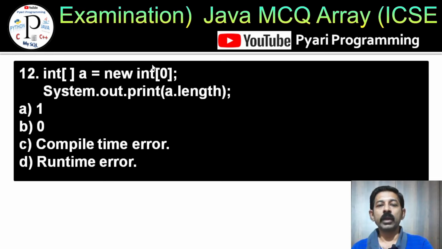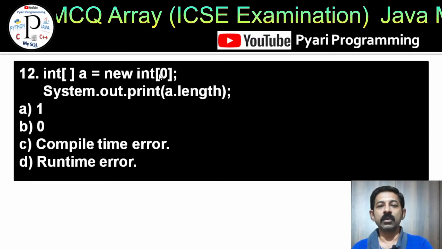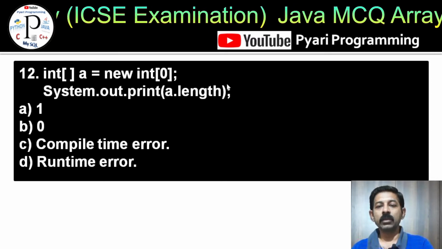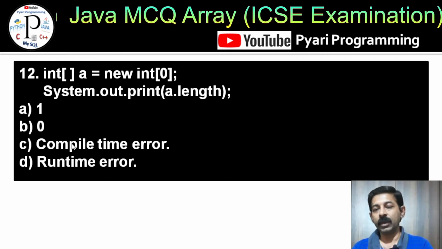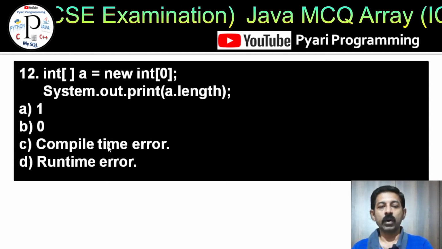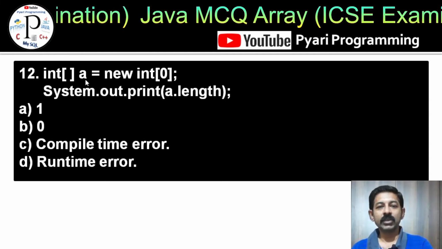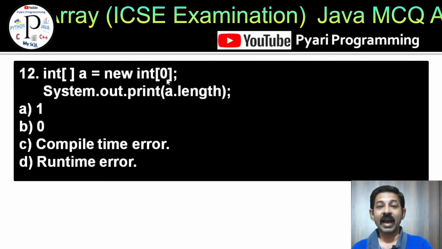The array is going to be created of type integer, so data type int is there and the size is given over here. A.length, we don't have parenthesis, that means this is also correct, and we don't have any compile time error. So if it is not, then we'll go for an output. Now let's check it out. Wait a minute, it is talking about the size is 0.